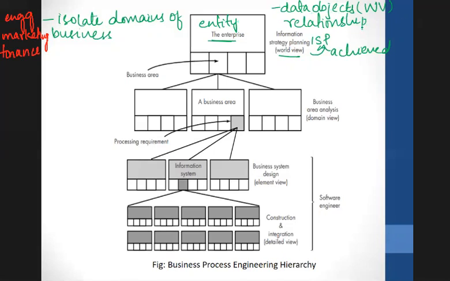And when you know the data objects and relationships, what can you get to know? You are going to know what is the flow of data that is going to take place. How data is flowing from one entity to another, or within the different business domains, that will be identified within the first phase. That is the world view.